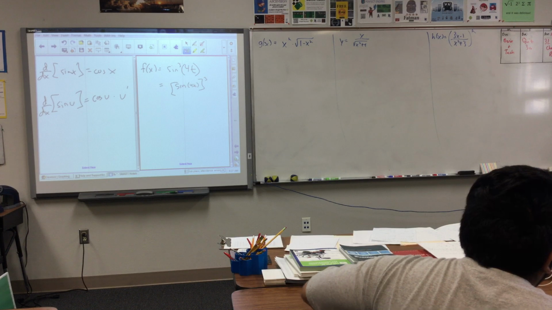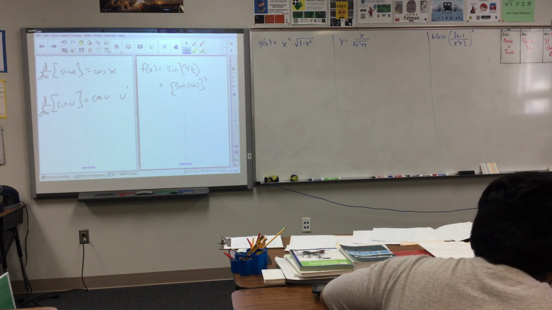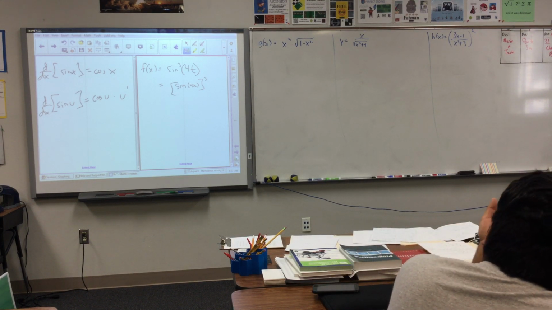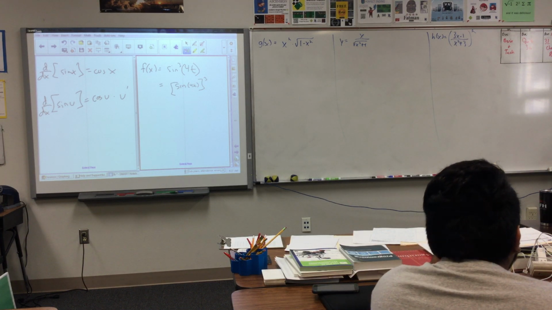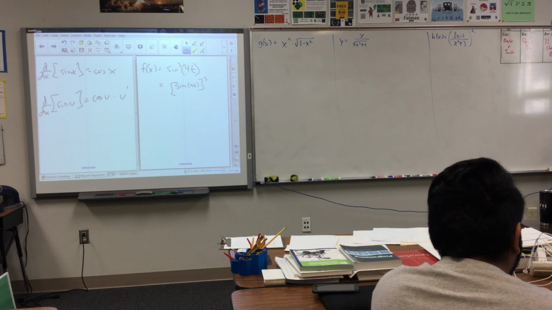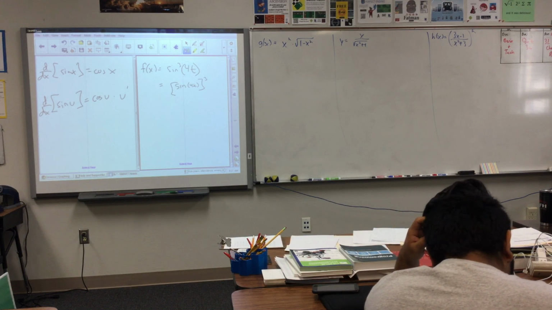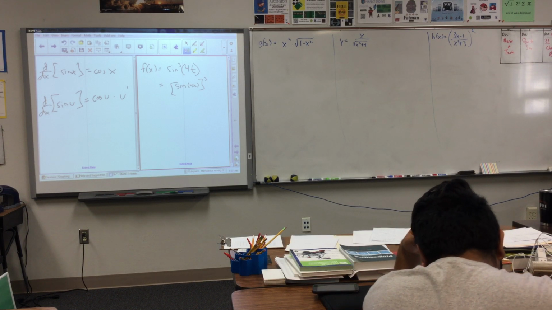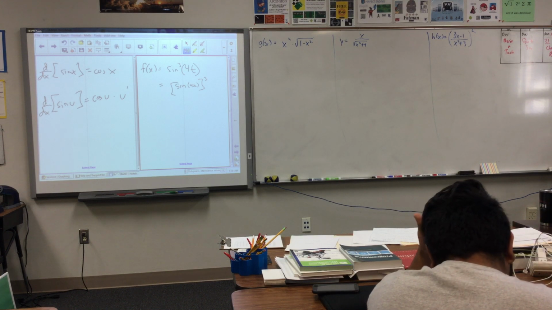You pop down the 3, leave the inside intact, the sine needs to be right there. Then you power down, that's the first step, then we say times, now let's take the derivative of the inside. We already took the derivative of the outside, so now I'm just looking at this stuff in here. What's the derivative of sine 4t?